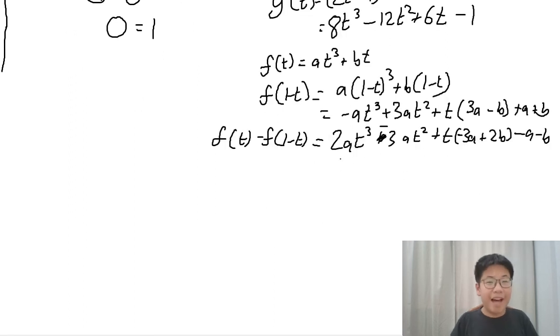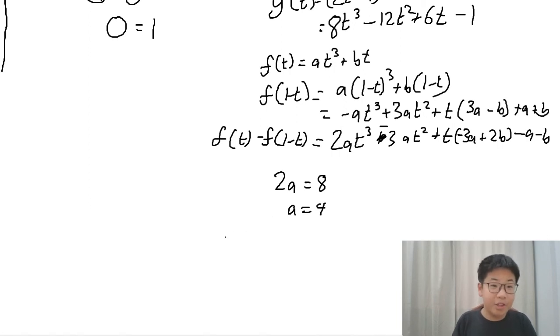So we are now going to compare the coefficients. As you can see, we have picked the right choice for f(t), as it is a cubic polynomial, and the t cubed and the t squared coefficients are in the ratio 2 to 3. So 2a equals 8 and a equals 4.